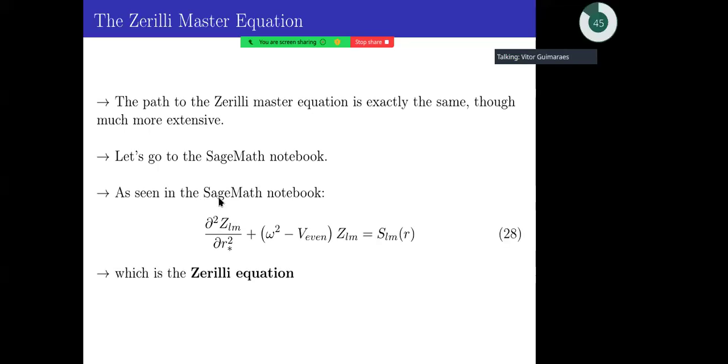And as seen in the Sage Math notebook, we obtained this equation here. We saw how big was the even potential and the even source term, right? And this is the Schrodinger-like equation that governs the polar part of the perturbations, right?